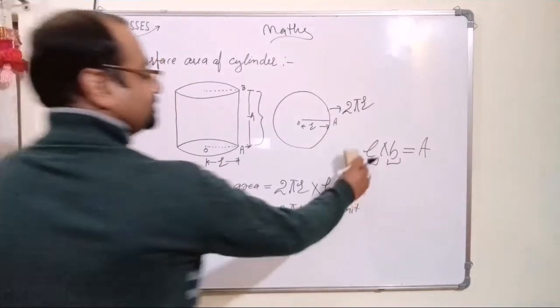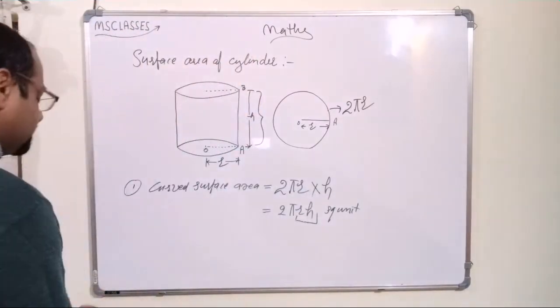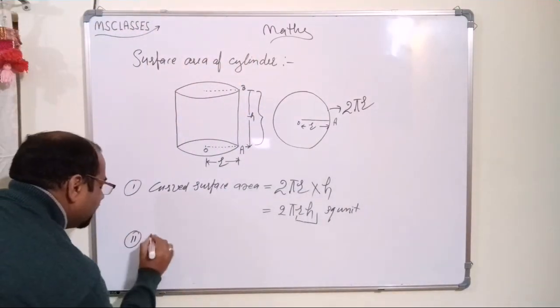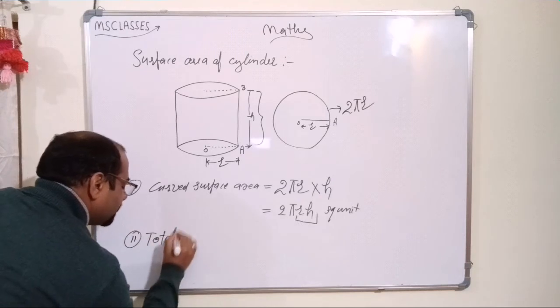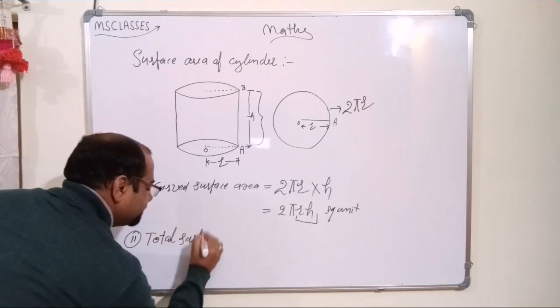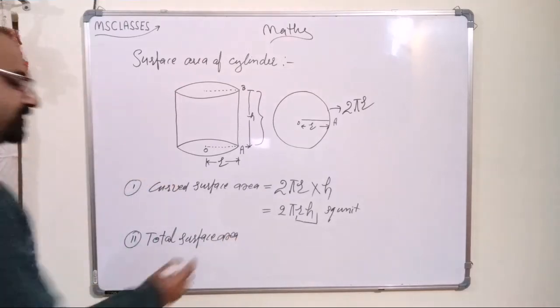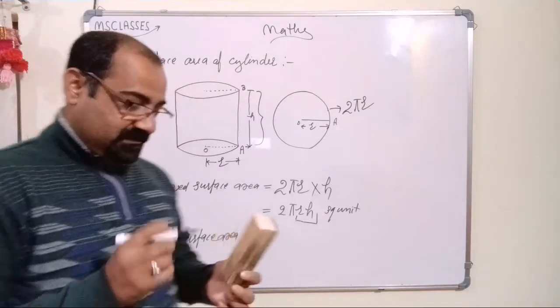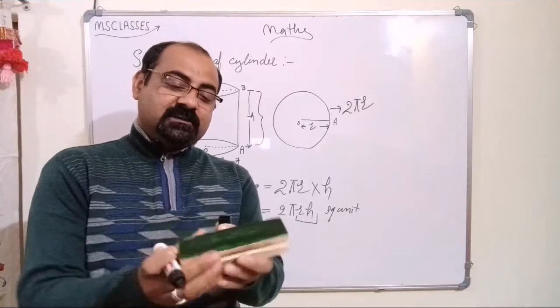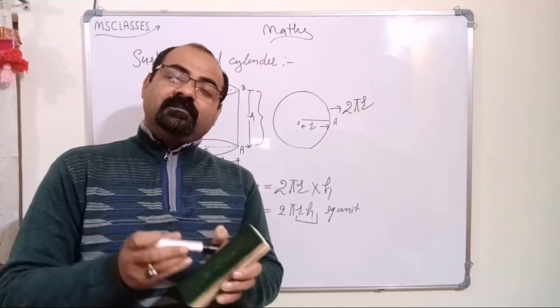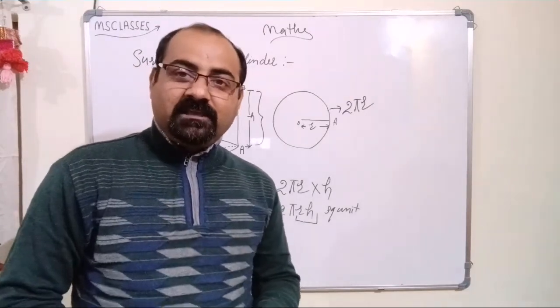Now the second thing is total surface area. Total surface area means when the cylinder is solid.